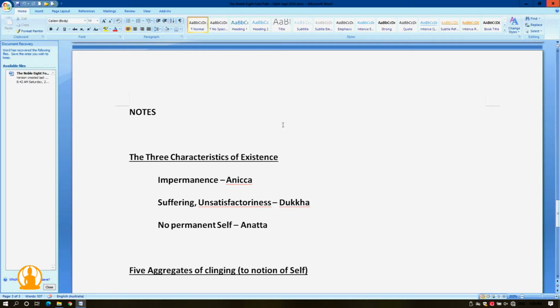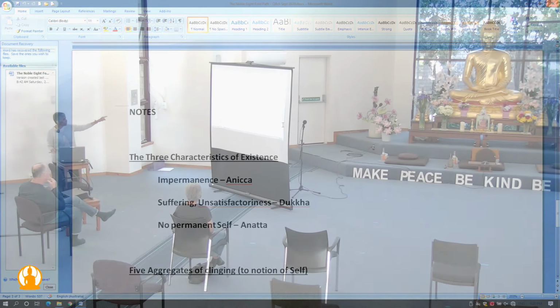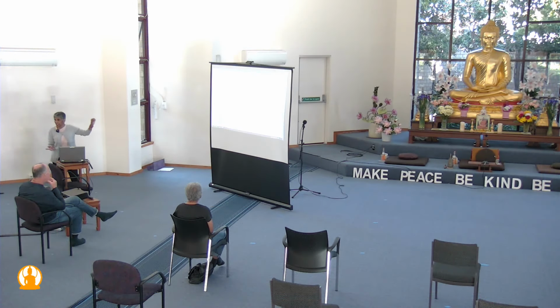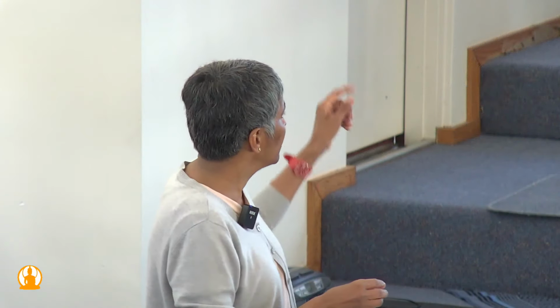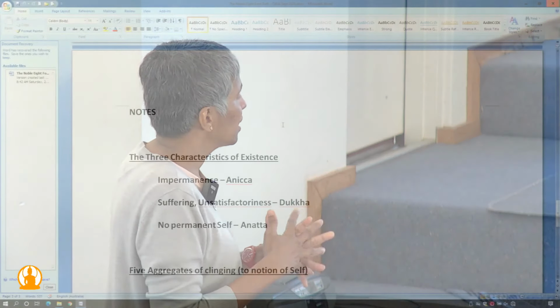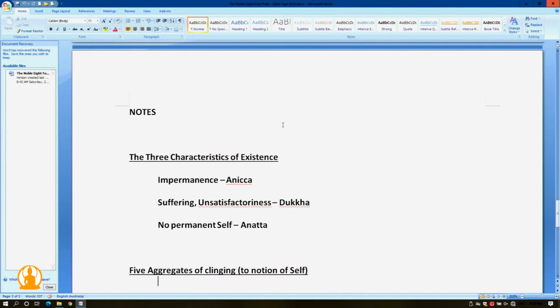Impermanence we know at some level, we must know. Birth, disease, death, we know these things happen, we know life is impermanent. But in the profound realization of impermanence, what you notice is the moment-to-moment impermanence. That's why you need the mindfulness and the concentrated mind to see that. Same with dukkha. You can see it at a gross level, but the very subtle levels of dissatisfaction, the moment-to-moment unsatisfactoriness, become clearer with the development of the path.